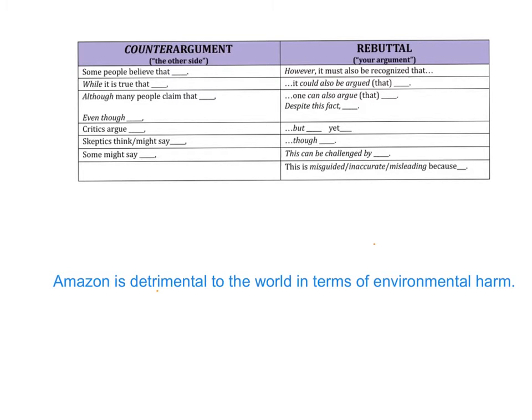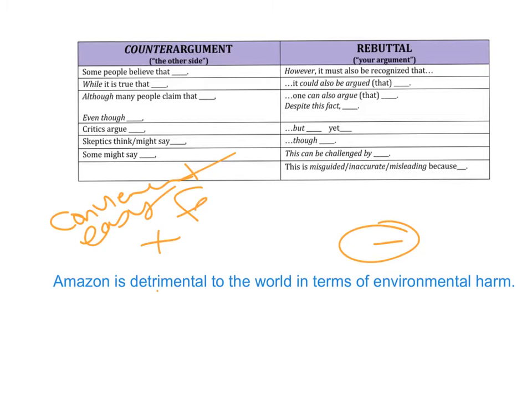Because we're ending with detrimental, this side has to be positive. So we're going to say things like, okay, Amazon is convenient. Another way to say that is easy. It is fast. It is cheap. Those are some of the things that people on this side say that it is. It's convenient or easy, it's fast, it's cheap.